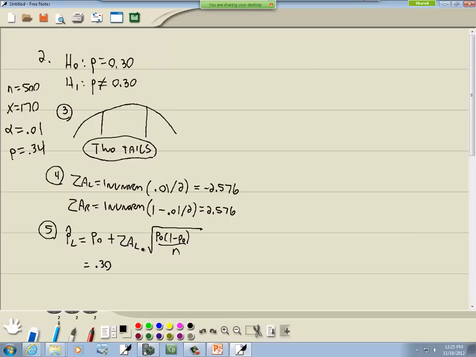Sorry, I drew a blank. And ZA sub L is negative 2.576. P naught is 0.30 times 1 minus 0.30, divided by N, which is 500.